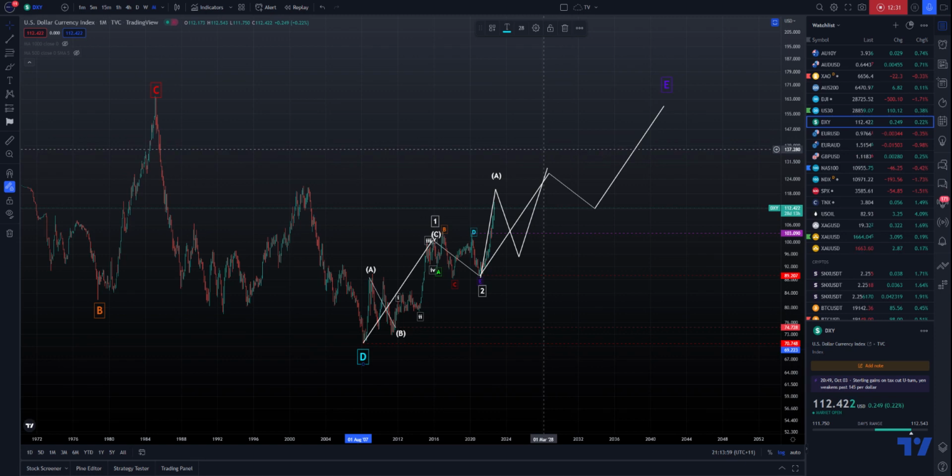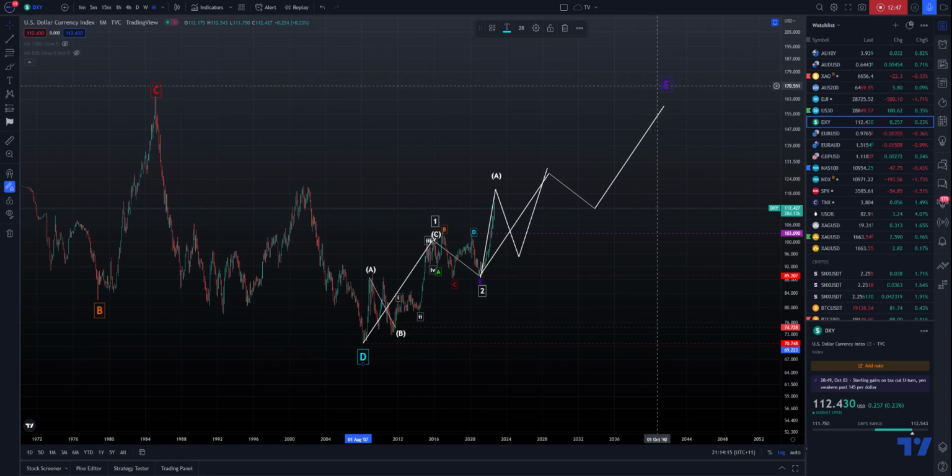So I do believe that these times are very unique in that interest rates rising the way they are in this manner will lead to huge problems economically.